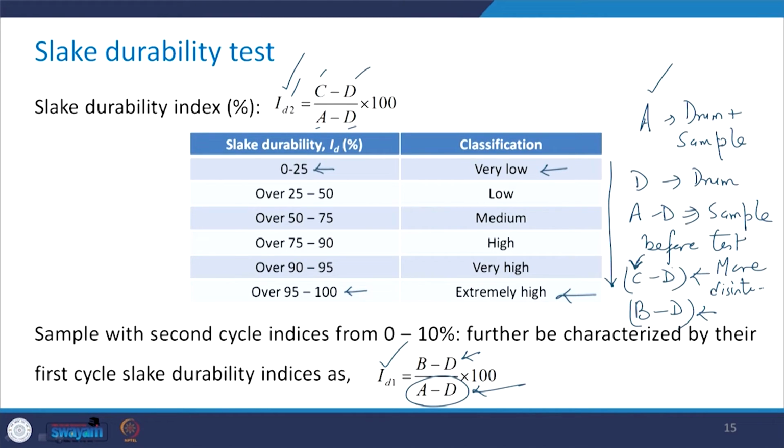Therefore, when it is 0 to 25%, it is very low, and if it is 95 to 100, it is extremely high. So, this is how the Slake durability index can be used to classify the rock.